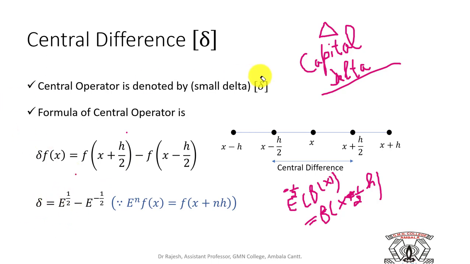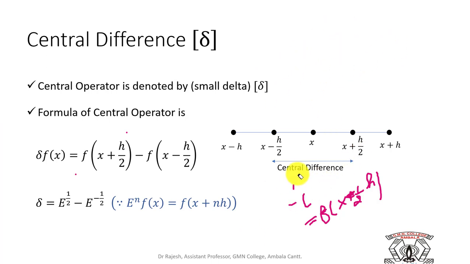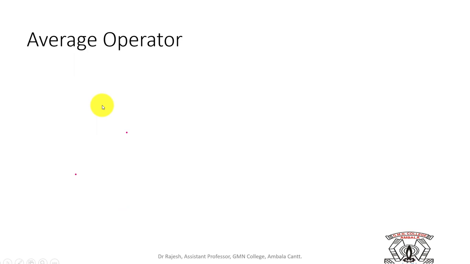Okay, now we will move forward. Next is the average operator. Now we shall study what is average. Average means the sum of two numbers divided by 2.